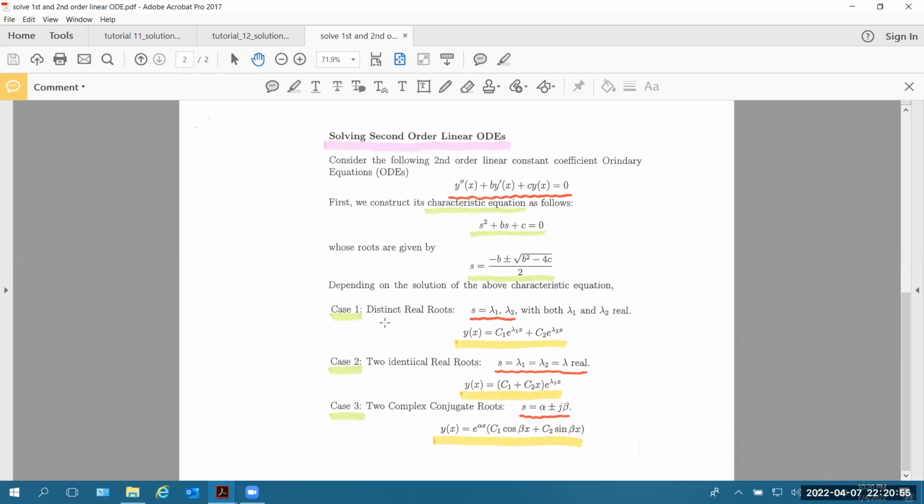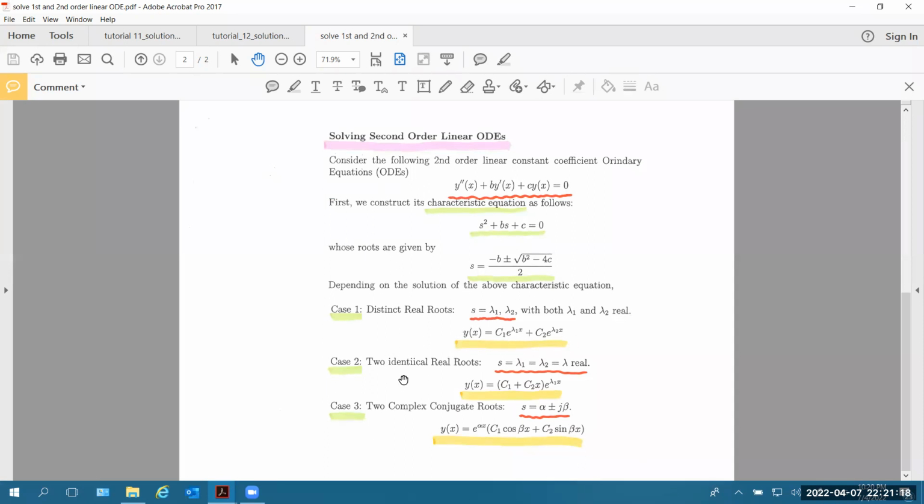The first case is two real, distinct roots, lambda 1, lambda 2. Then the general solution to this second order ODE is like that. So this is the first case.